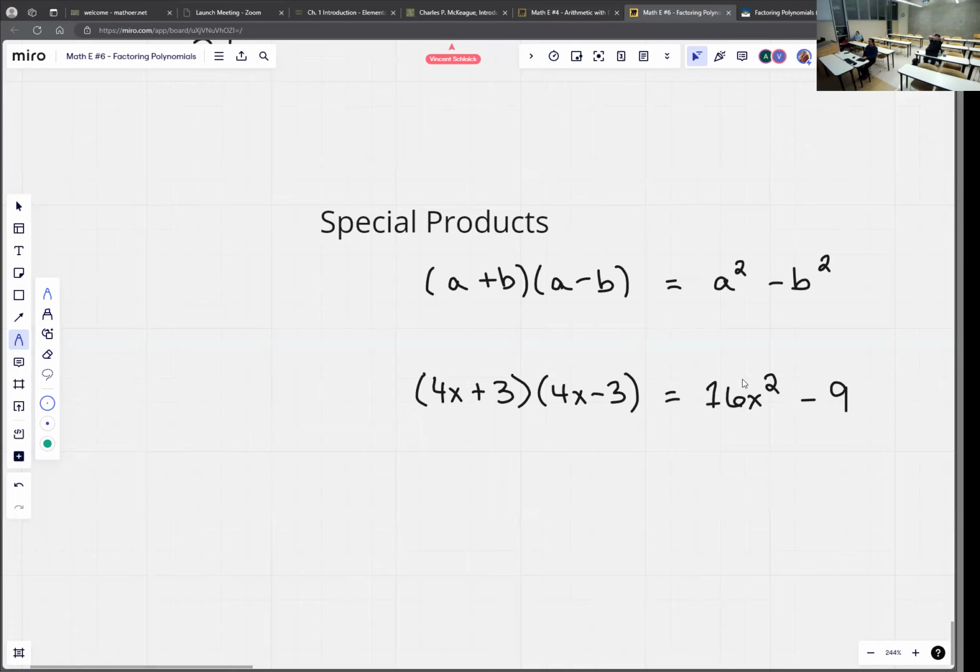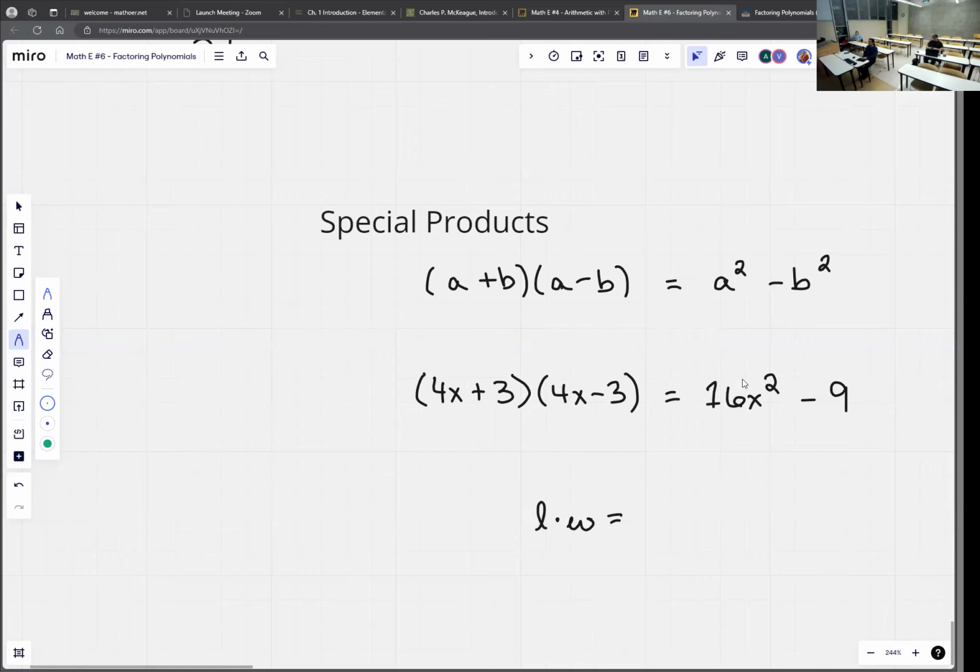So if you were to look at this polynomial and try to do the procedure we just did, there's no middle term with an x. It still works fine. We want a length times width. That's 16 times 9.